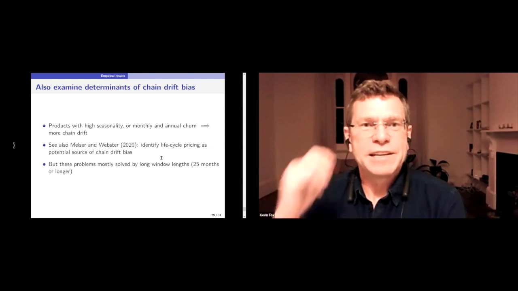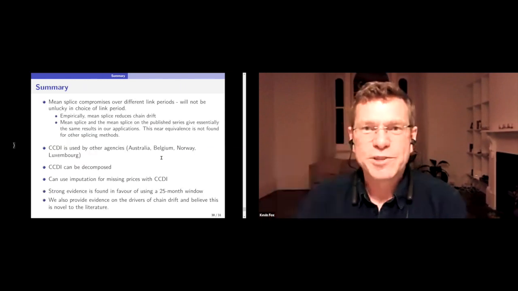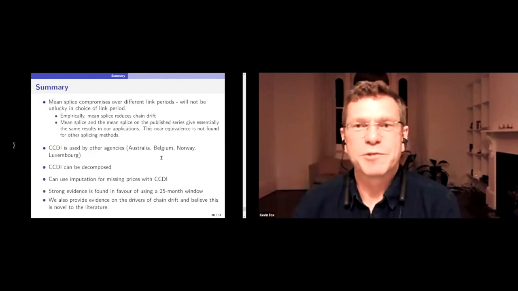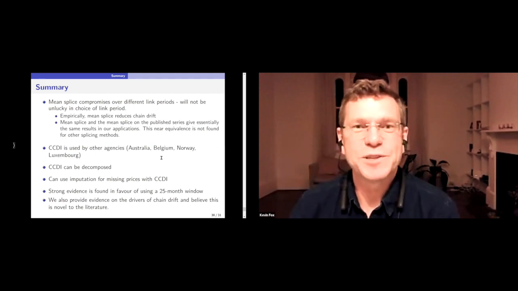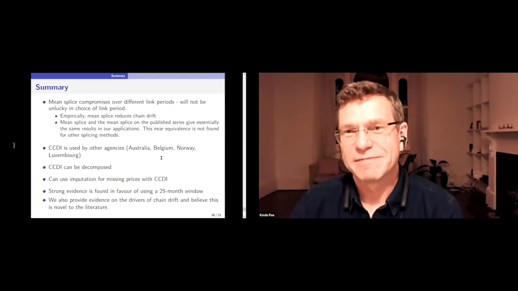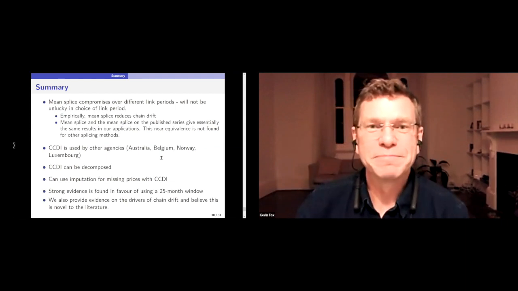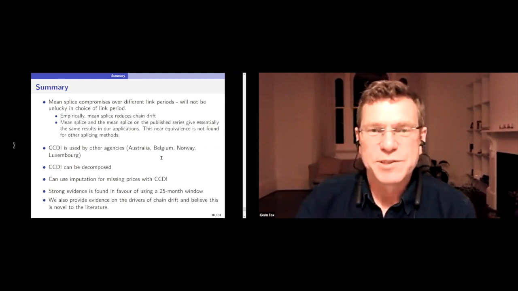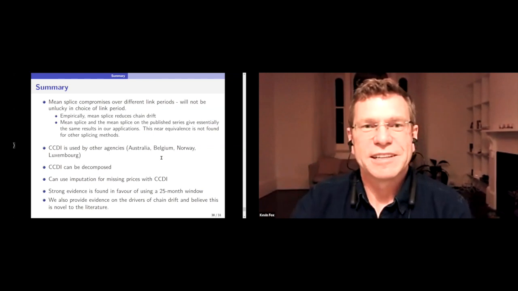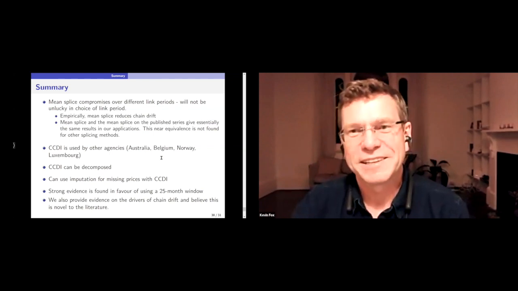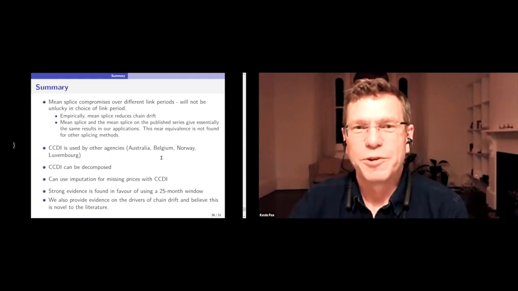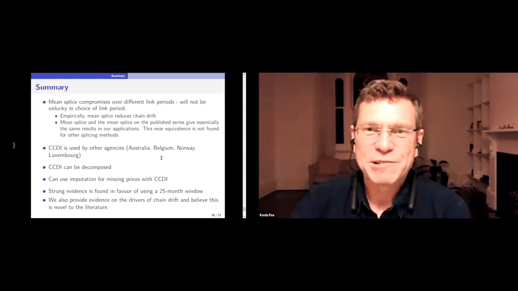So in summary, mean splice compromises over different link periods, and so will not be unlucky in the choice of link period, because it considers them all and averages over them. So mean splice seems to reduce chain drift, and although we don't show it in our results here, you can do a mean splice on the published series as well.